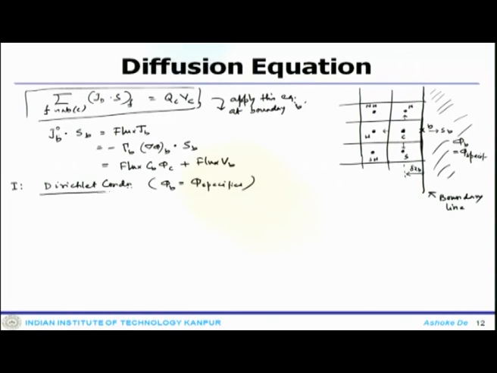So, this is my Dirichlet condition or constant boundary condition. Once I say that at that phase phi B is known, then I can use that condition and write my total flux.